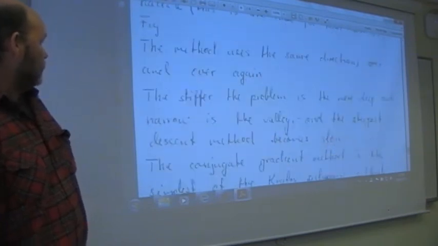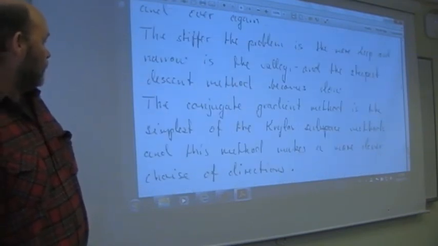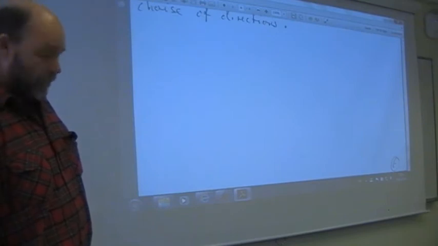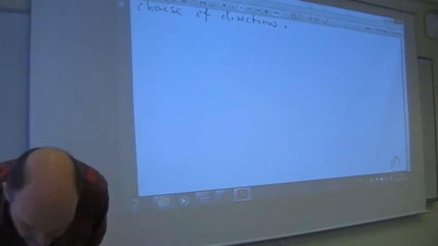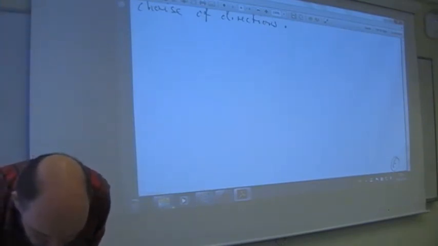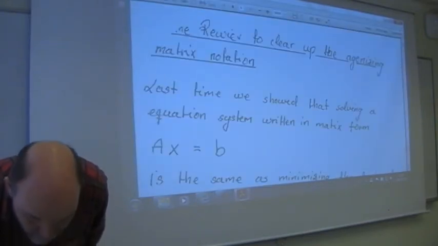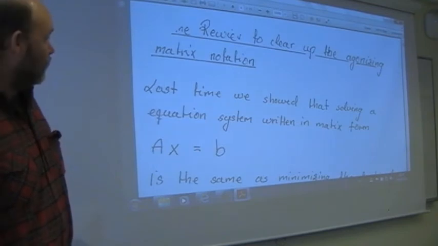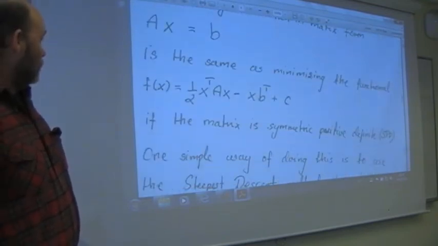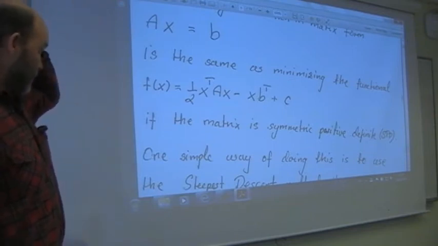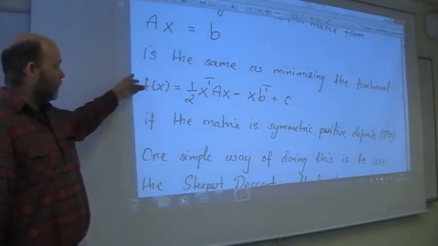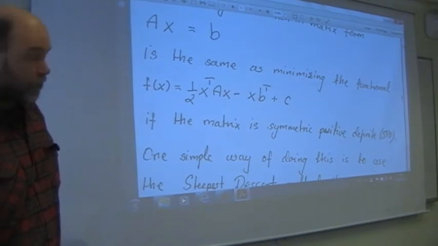Yeah, sort of the same text here, as I've said. The second part starts with the same. The original problem is now to be solved by minimizing this corresponding functional, as we call it.